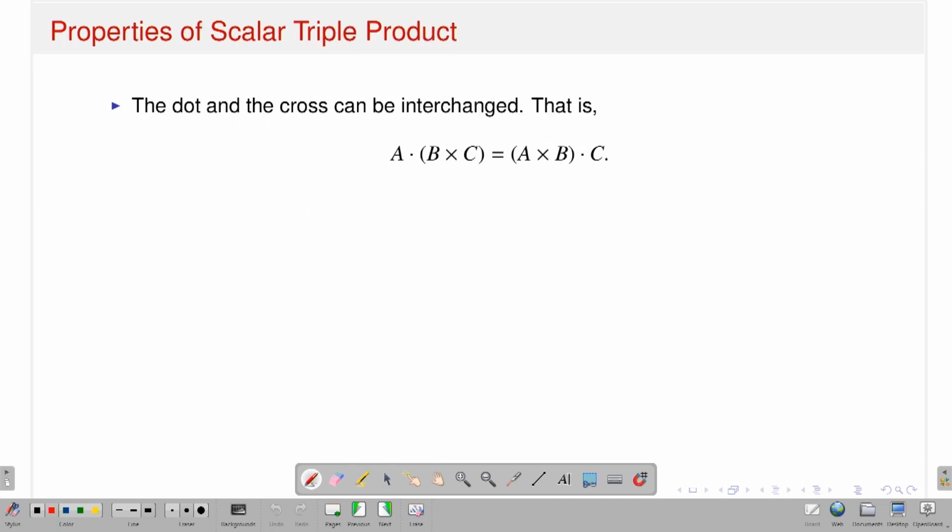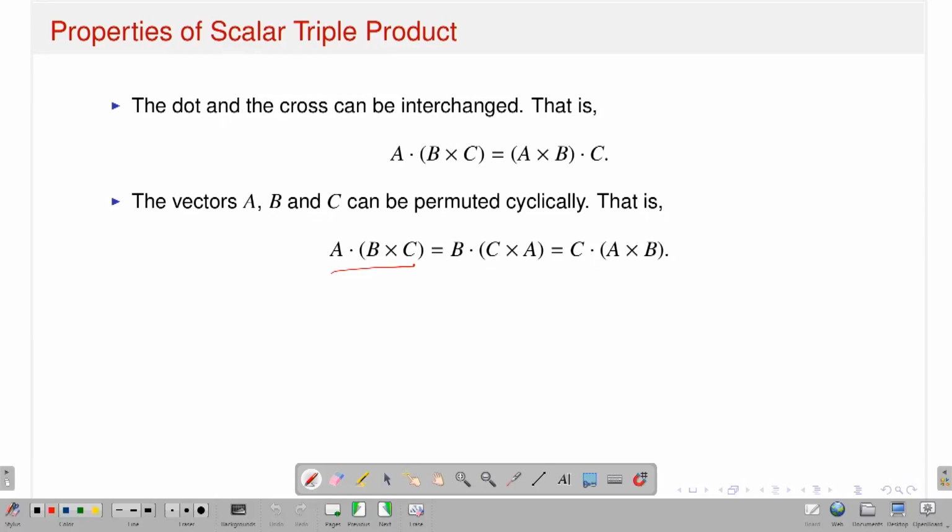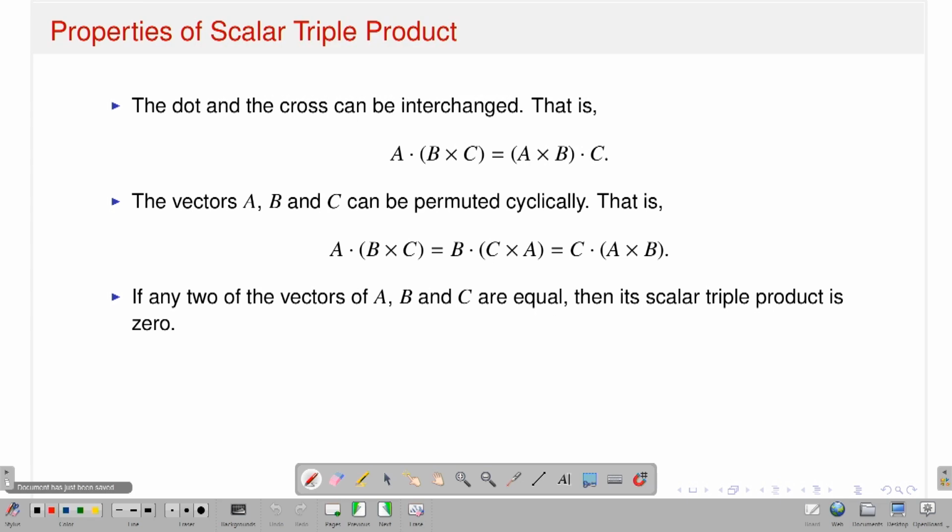Okay, so the properties of this scalar triple product: the dot product of A with the vector B cross C is equal to the dot product of A cross B with C. The vectors A, B and C can be permuted cyclically, that is A dot B cross C is equal to B dot C cross A, which is equal to C dot A cross B. If any two of the vectors A, B and C are equal, then its scalar triple product becomes 0.